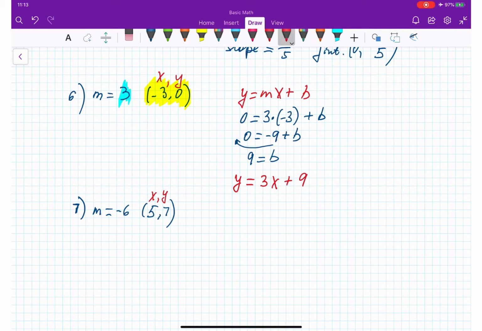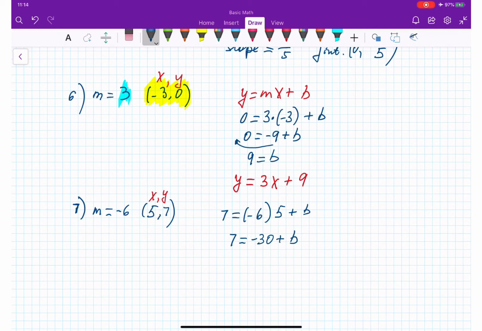So to write in the format mx plus b, y is 7, equals m, which is -6, times x, which is positive 5, right? And plus b. Okay, 7 equals -30 plus b.